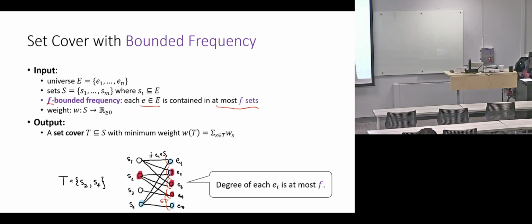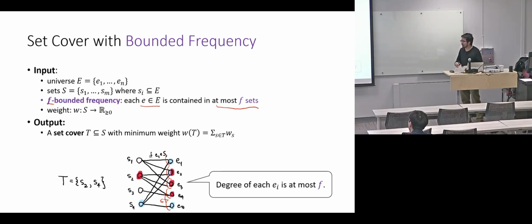Good. For example, when f is 2, when I promise you that each element is in at most 2 sets, what is this problem? We have seen this problem before. It's vertex cover, because we think of each element as an edge and each set as a vertex.